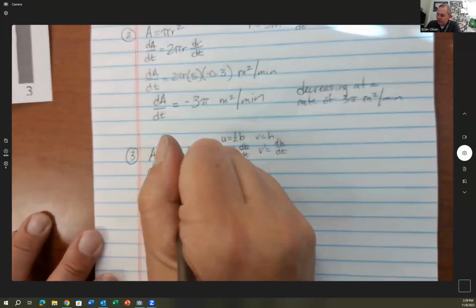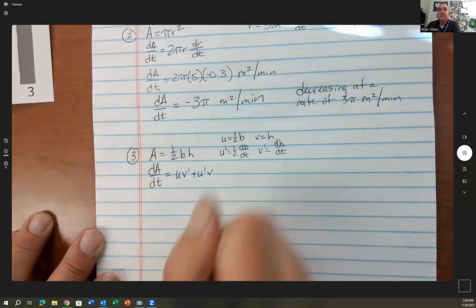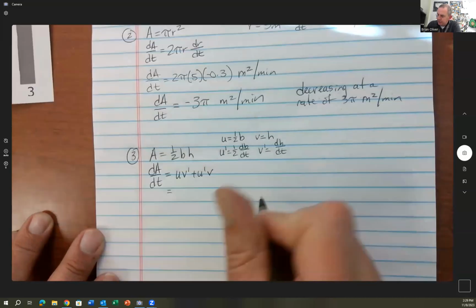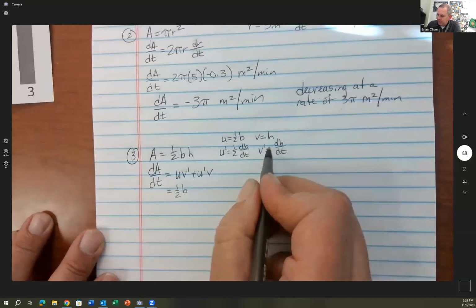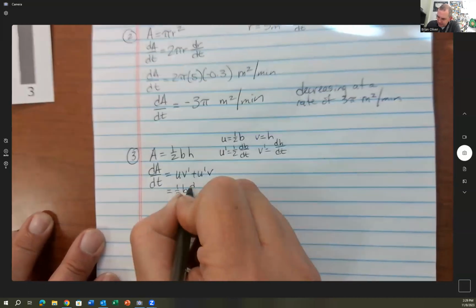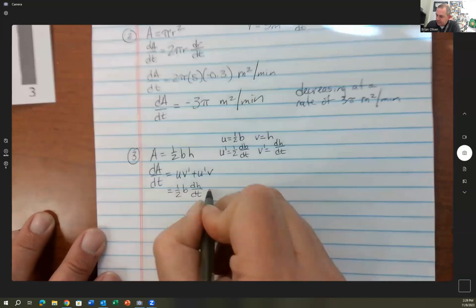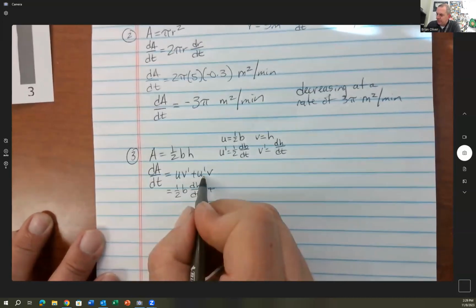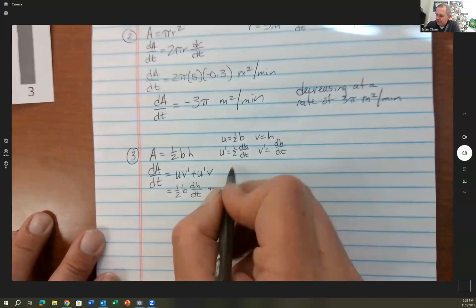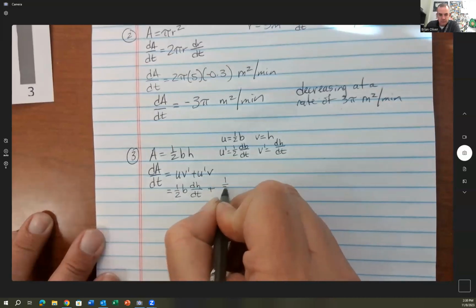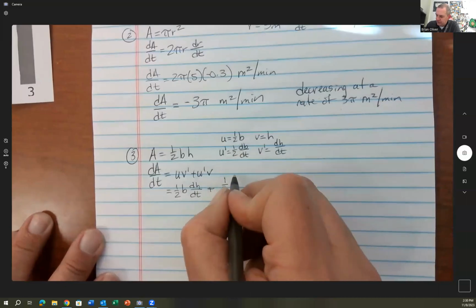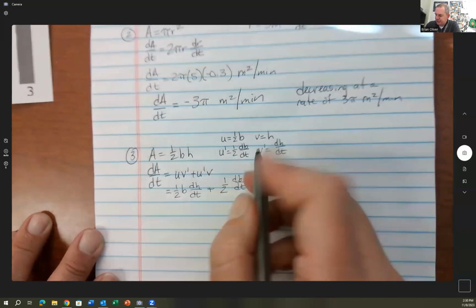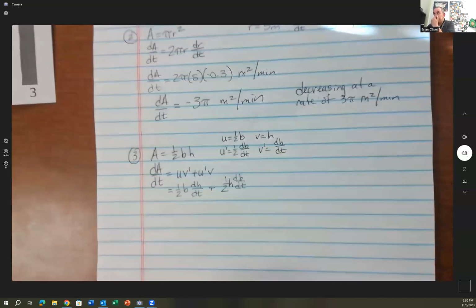So when I take the derivative, it's u v prime plus u prime v. So that's u, which is 1/2 b, times v prime, which is dh/dt, plus u prime, which is 1/2 db/dt, times v, which is h, so 1/2 h db/dt.